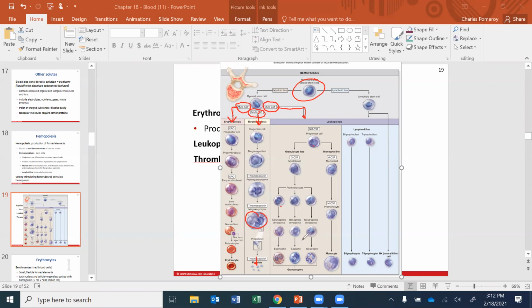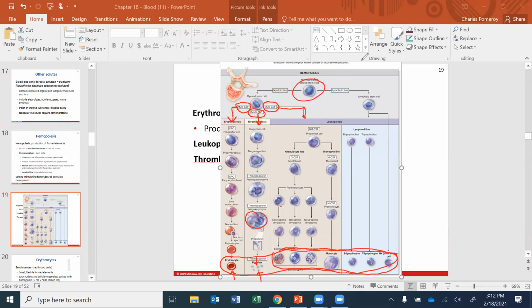Now, the final result is down here at the bottom. Those are your different types of formed elements. You have red blood cells first here, platelets there, and then all these guys over here are different types of white blood cells. We get into those different types of white blood cells both in this chapter and also later on with the immune system.